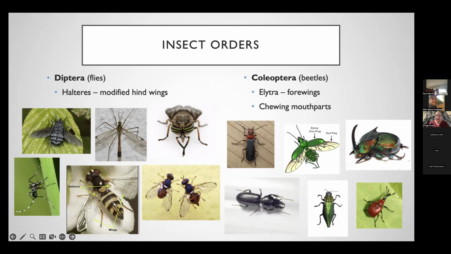So here we have olive fruit fly. This is an insect pest of olives, table olives and oil olives. Mosquito is a pest of humans. This is a tachinid fly, Tachinidae. These are parasitoids actually, which is surprising, but they are.